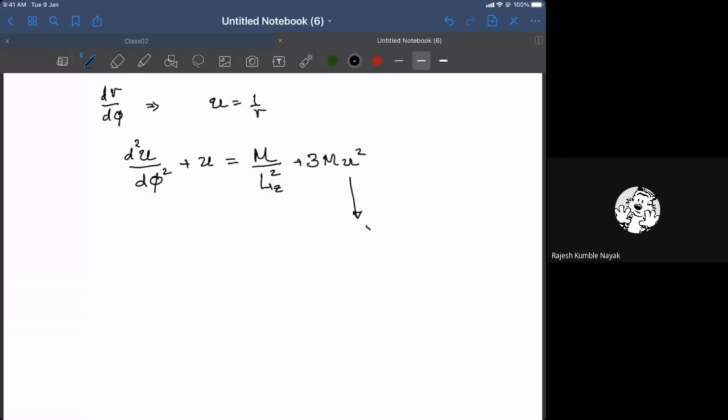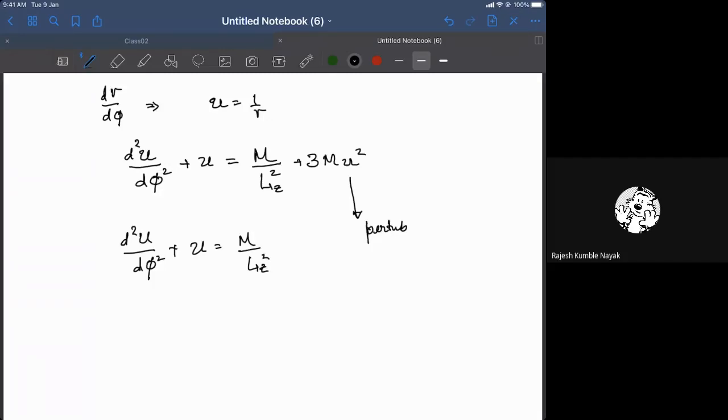So we can do this perturbatively. We can assume this term to be zero first, and then solve, and then plug back in and get the successive solution. This is a nonlinear differential equation, but for the Newtonian equation we get d square u by d phi square plus u is equal to m by Lz square.